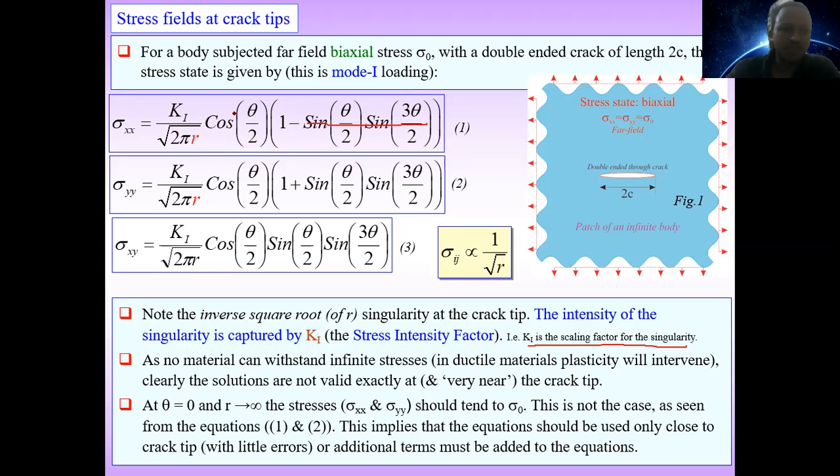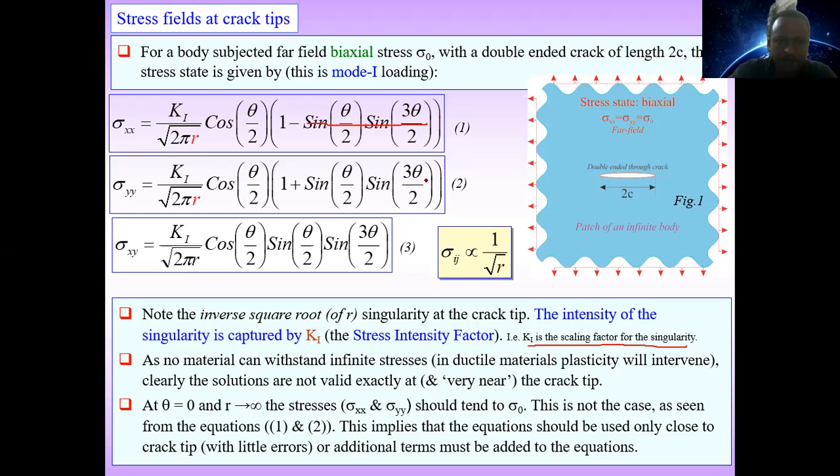So 1 times 1, 1. So we are left with K1 over 2 pi r, cos 0 times 1, we get 1.